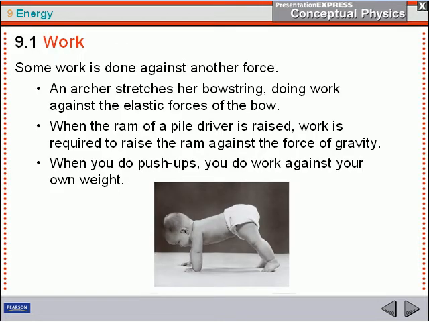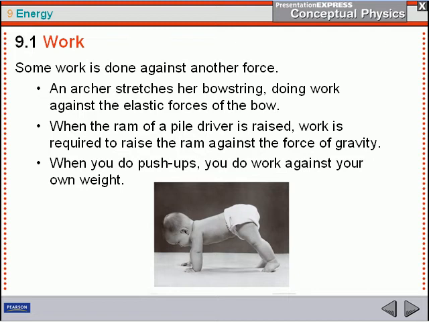So here's some other examples that have to do with when work is done against another force, such as an archer pulling a bowstring. You're doing work against the force of the bow. When you lift a pile driver, that's a very heavy weight that is dropped onto another object, you're lifting that against the force of gravity.